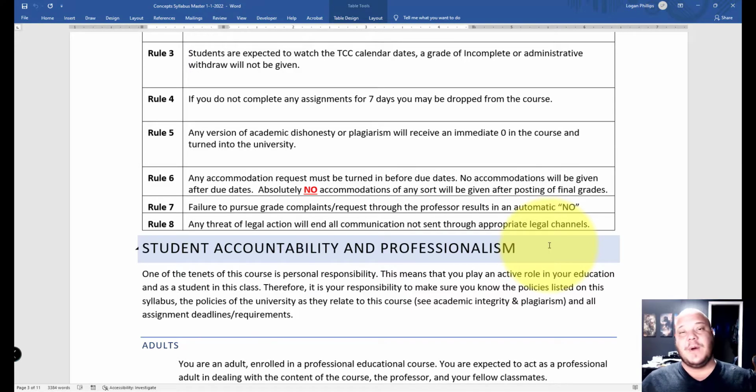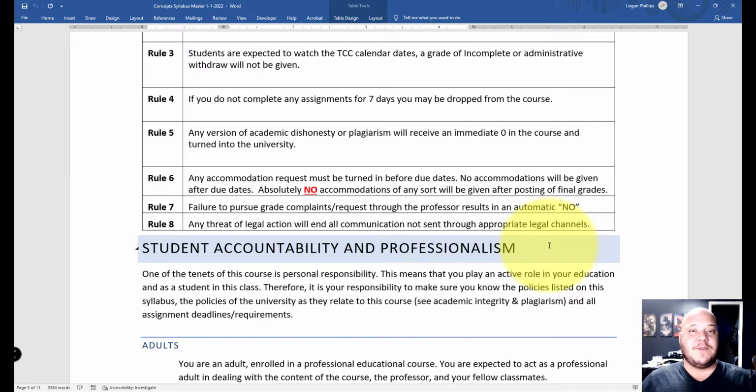If you have turned in a request for an incomplete because you got activated for the soldier, if you have turned in a request for an AW because you got jury duty, if you did not alert me beforehand, I will not make any modifications to the course on the back end. If you say something horrible happened to me and it's a day after I posted final grades, your final grade will remain in place.